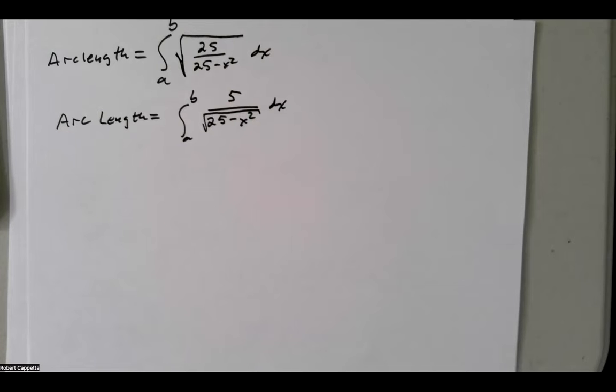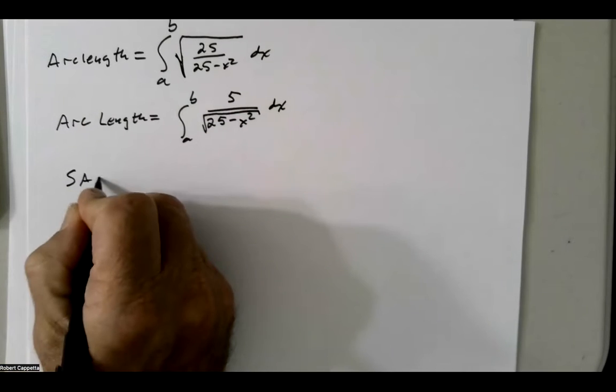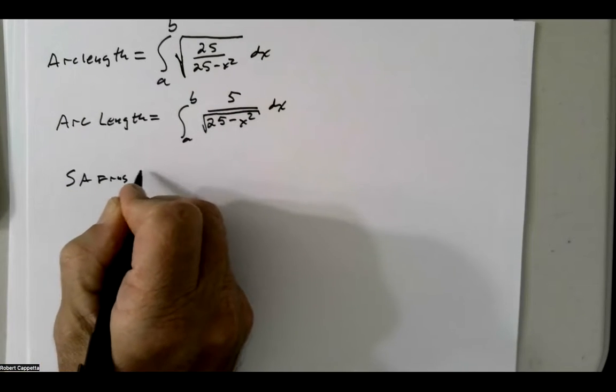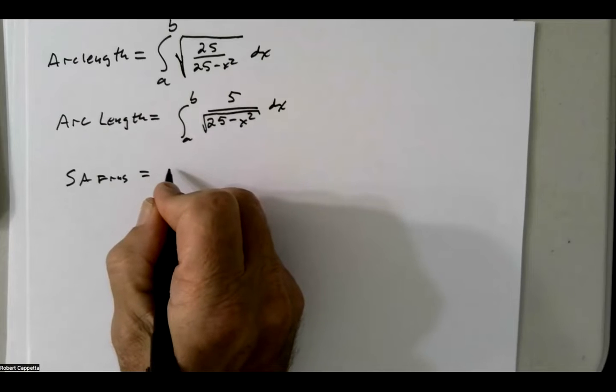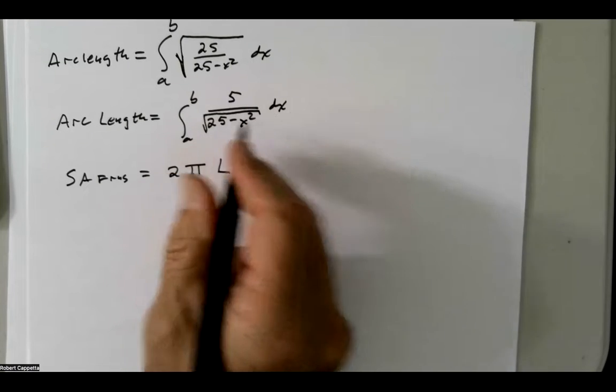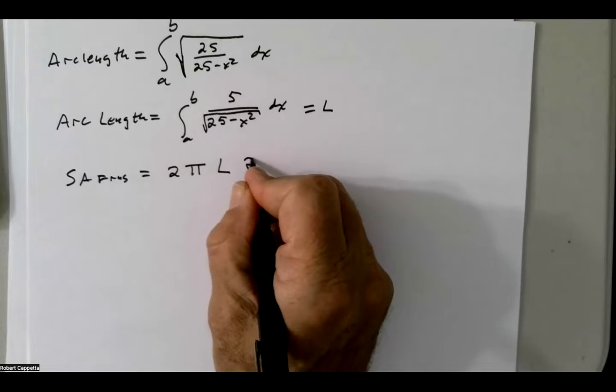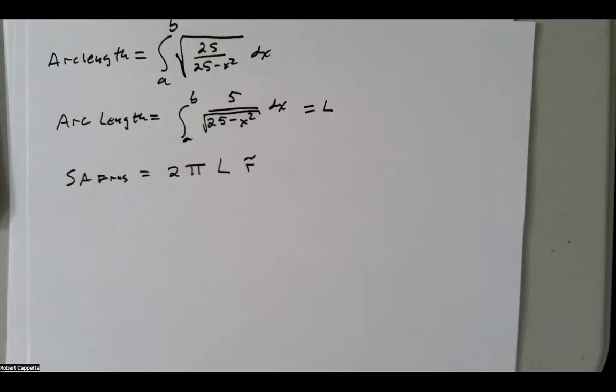But remember, what do we need? We need the surface area of the frustum, which was 2 pi L, so this part is essentially L, times the average of the radius. So we need to think about what the average of that radius is going to be.